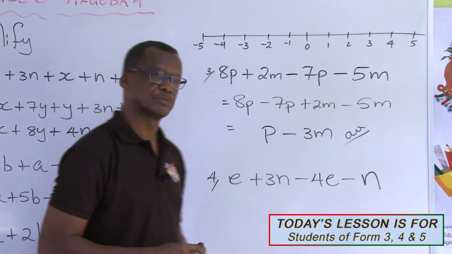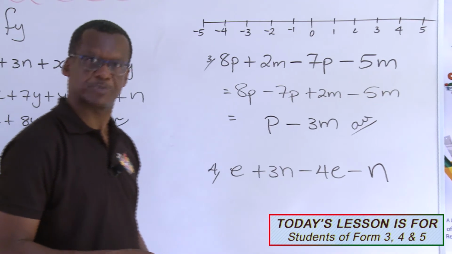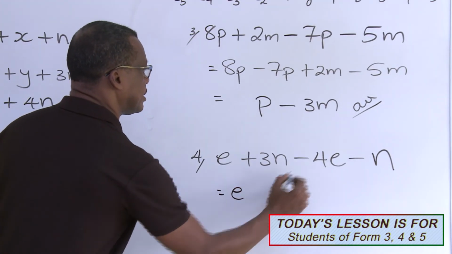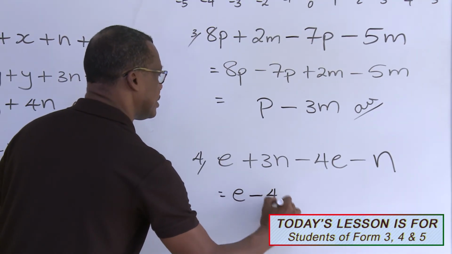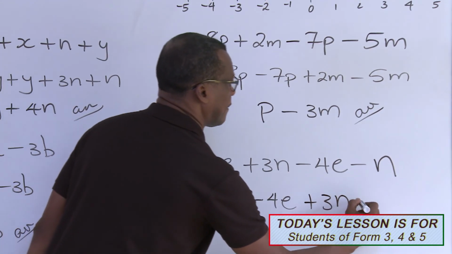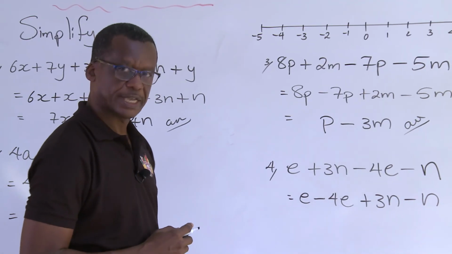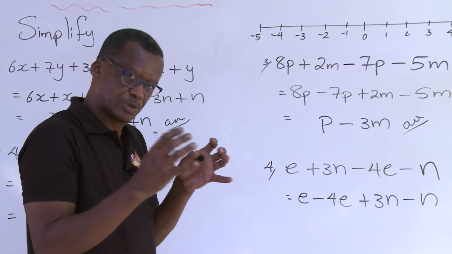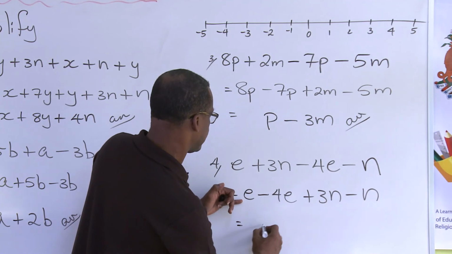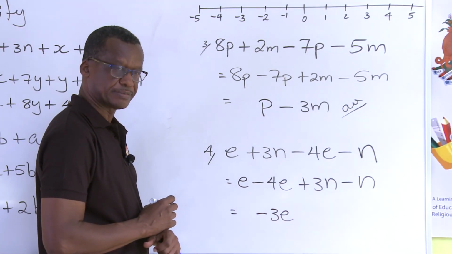Final example: e plus 3n minus 4e minus n. Let's bring the like terms together. So that would be e minus 4e plus 3n minus n. Now we can simplify because the like terms are close together. 1e subtract 4e gives me negative 3e.